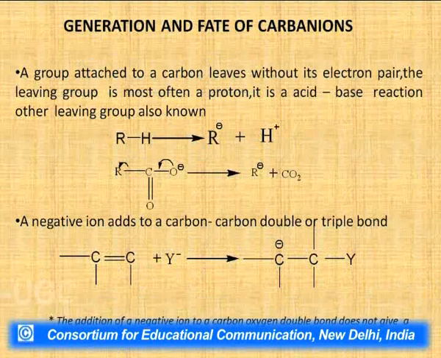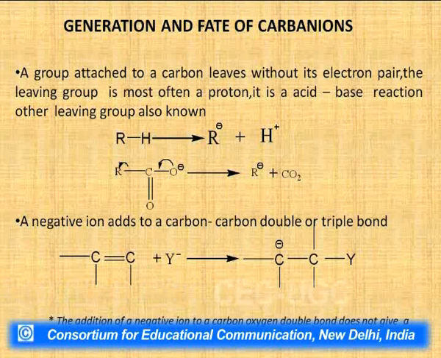How can a carbanion be generated, and what will be the fate of carbanions? This can be generated in 2 ways. First, a group attached to a carbon leaves without its electron pair. The leaving group is most often a proton. It is an acid-base reaction, and other leaving groups are also known. Second, when a negative ion adds to a carbon-carbon double bond or triple bond.